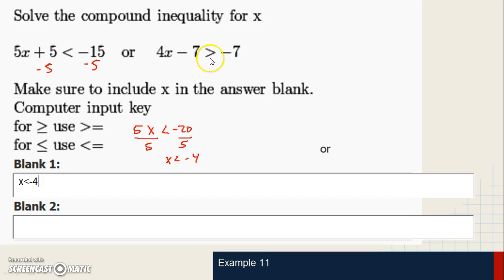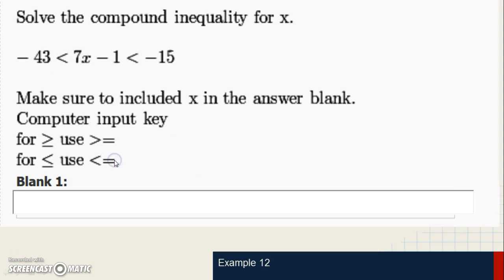Okay, just looking for the mouse. There we go. I'm going to add 7. And I have 4x is greater than 0. I divide by 4. And x is greater than 0. Here's our last example.